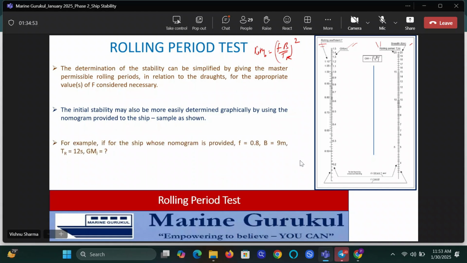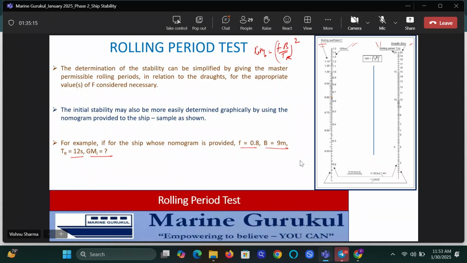And now let us see how this will be used with these values. You have F 0.8, B 9 meters, TR 12 seconds, and how do we estimate the initial metacentric height? Guys, using the rolling coefficient scale, we mark 0.8 here.